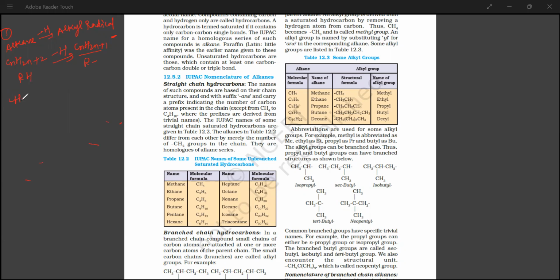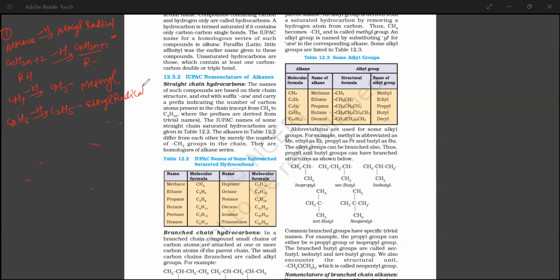Example, if you take CH4, then this CH4 will lose 1H, and you will get CH3. What is CH3? Methyl radical. If you take C2H6, from that C2H6, 1H will be lost, and you will get C2H5. This C2H5 will be ethyl radical.